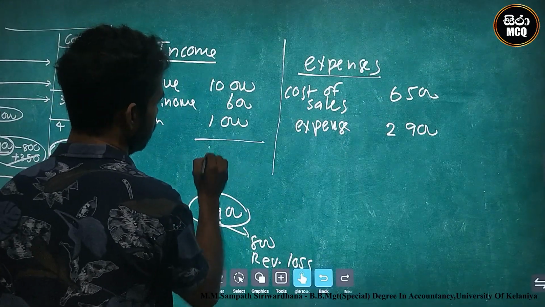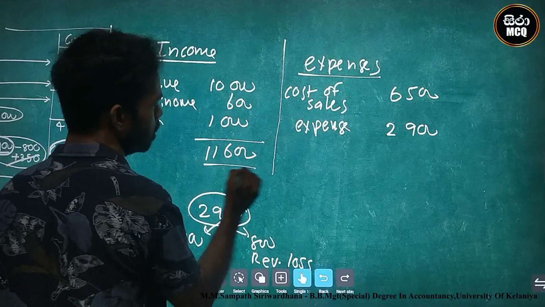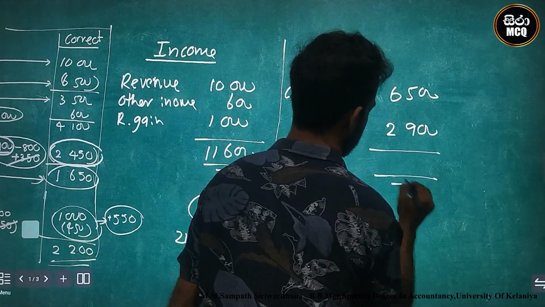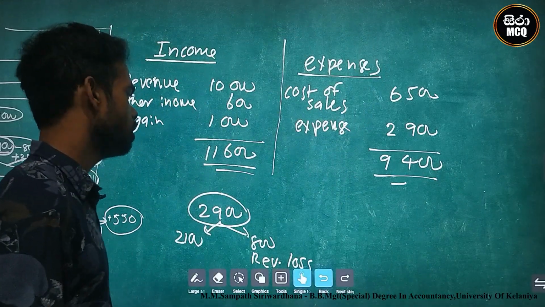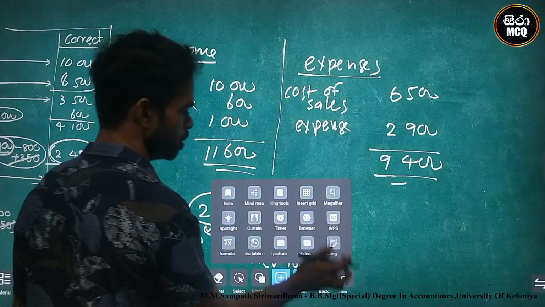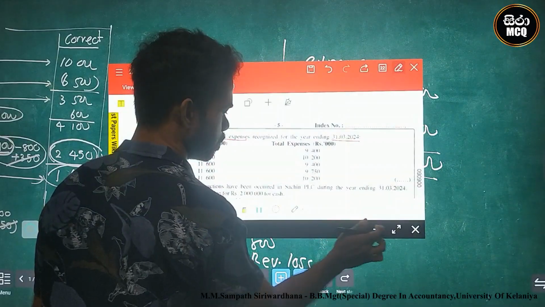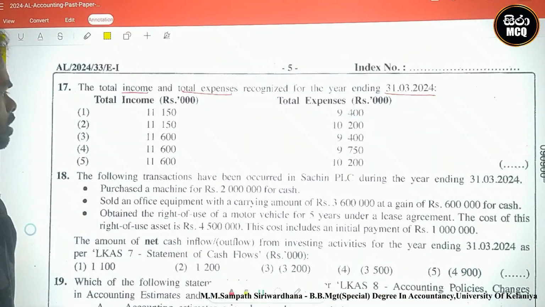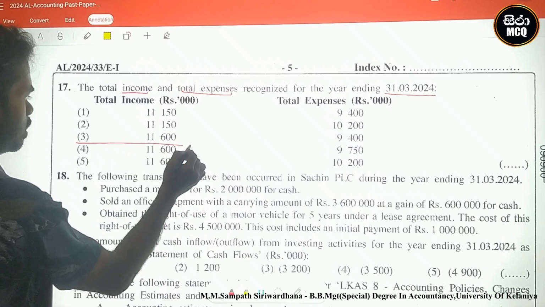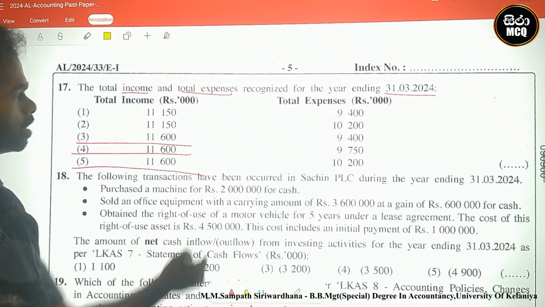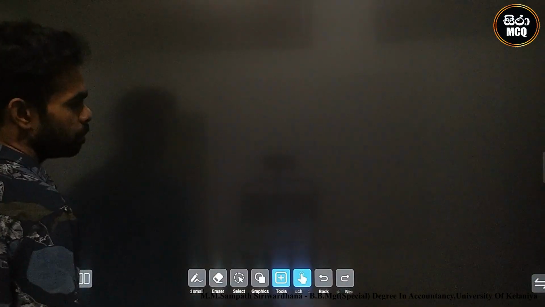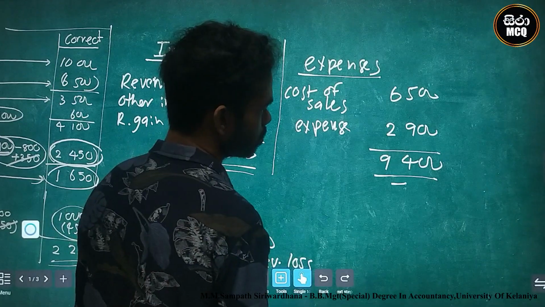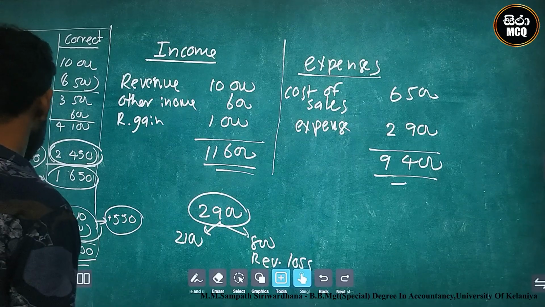The income is 11,600 and the expenses are 9,400. You can find the answers. 11,600 as income, which is one of the three answers, and expenses is 9,400.